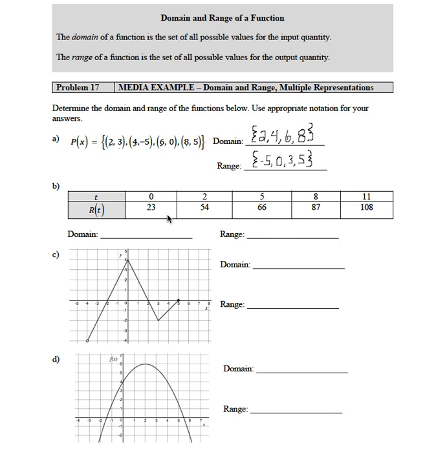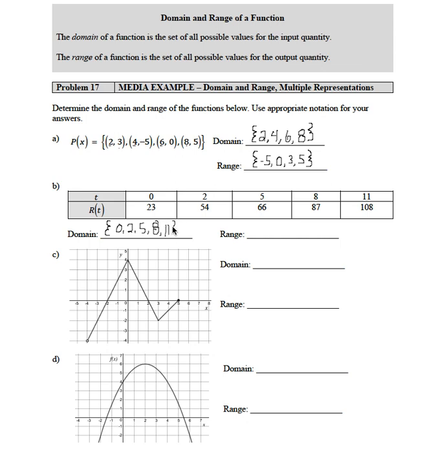Same idea for part B, except we have a table. We're going to list the elements of the top row as our domain. So that's our input set: 0, 2, 5, 8, and 11.